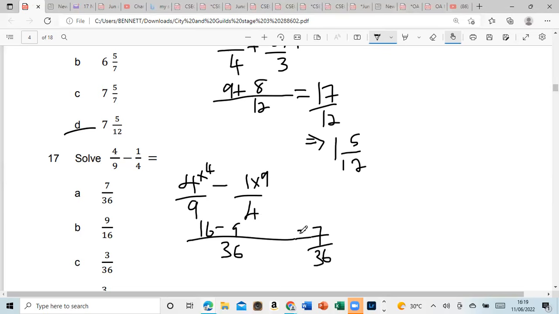It's an equal, not minus. So it's 7 over 36, right? Don't misunderstand. Alright, let's move on to 18.